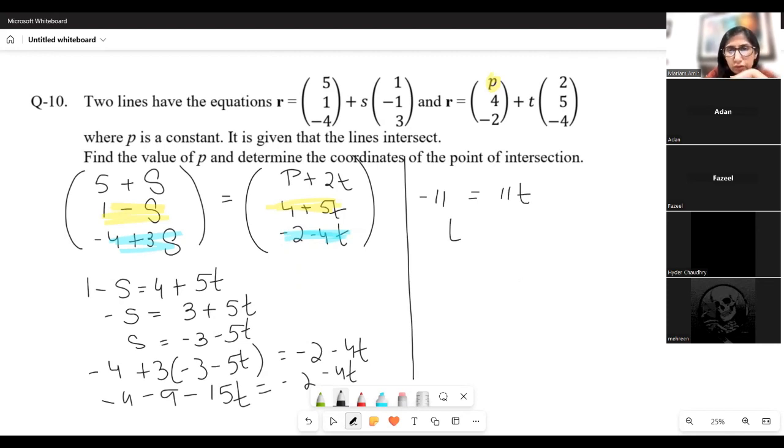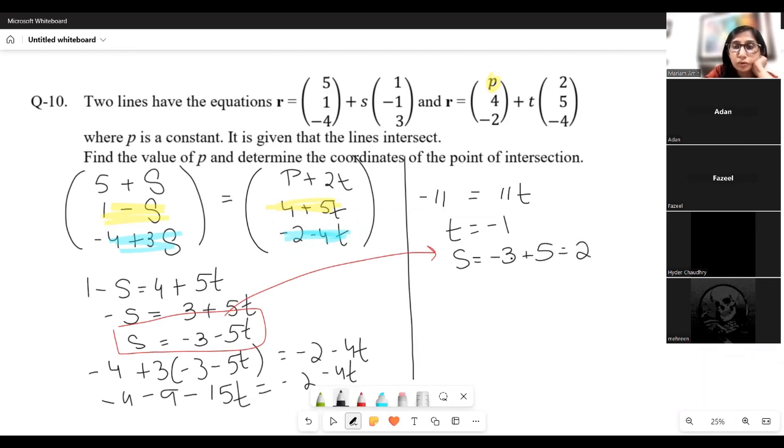And then T equals minus 1. And then find S. S is minus 3 minus 5T. Minus 3 plus 5, which is 2.